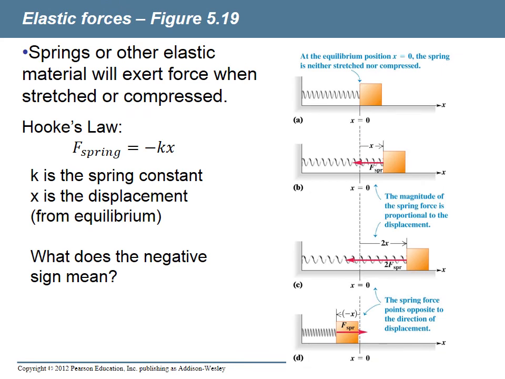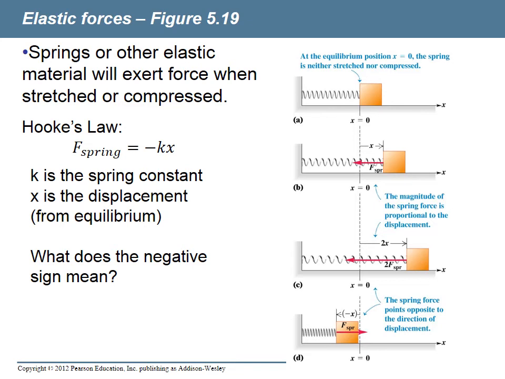Okay, the last thing we need to go over here are the elastic forces. So like a spring or some other elastic material that exerts a force when it's stretched or compressed. Things that want to go back to the state they were in. If I pull on a spring and then I let go, the spring doesn't stay there. It actually pulls back, right?